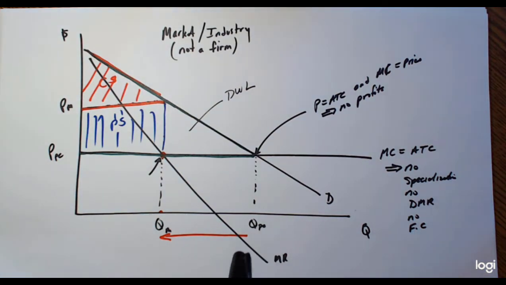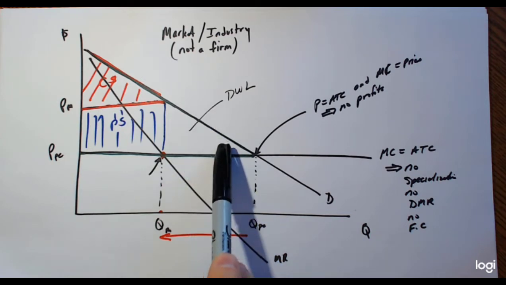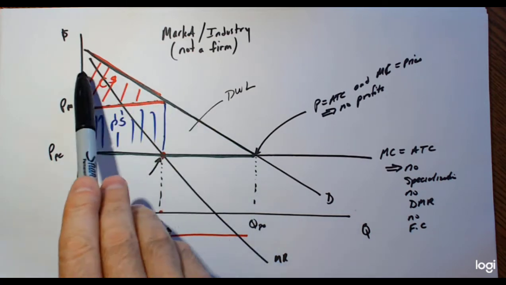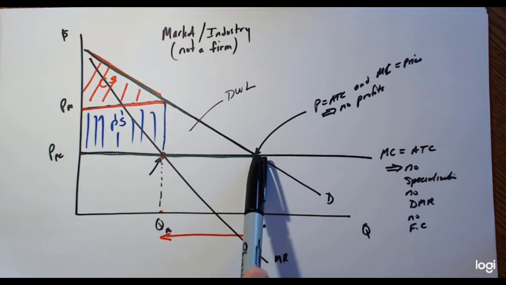So what happened in total? We have a deadweight loss, which is a loss of consumer surplus, because this was all consumer surplus with perfect competition. And remember, when we looked at perfect competition, it maximized consumer and producer surplus. And so this would be the most efficient point from society's perspective.